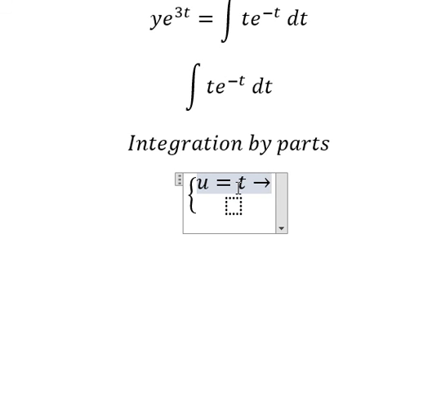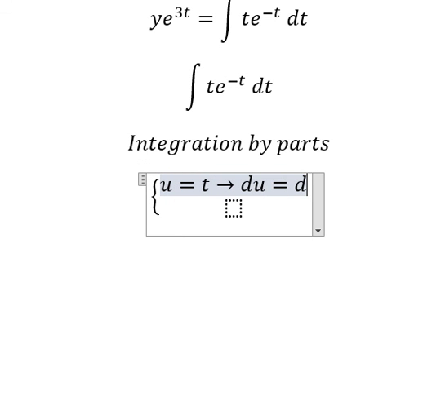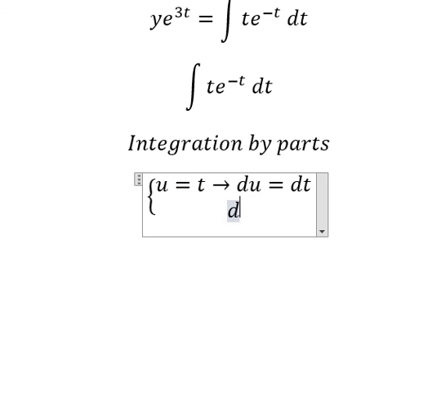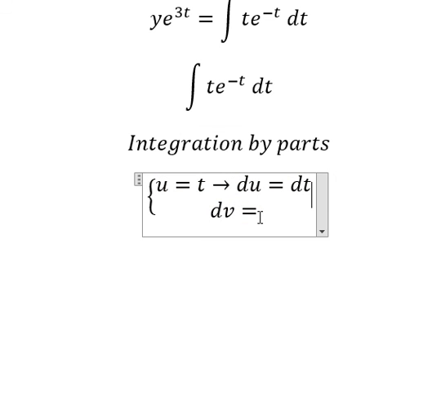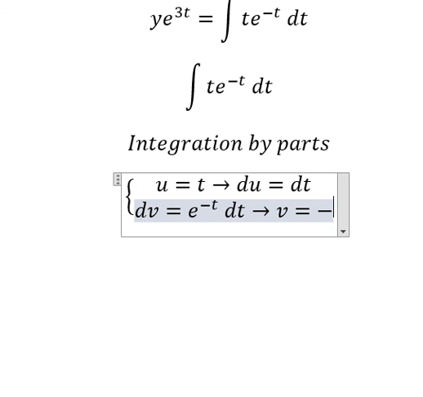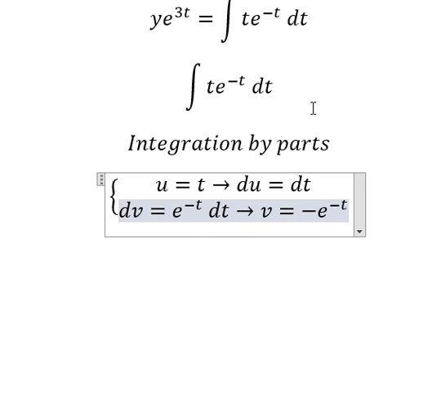Later, we need to take the derivative of both sides, and we have du equals dt, dv equals this one. The integration of e to the power of negative t, we have v equals negative e to the power of negative t.